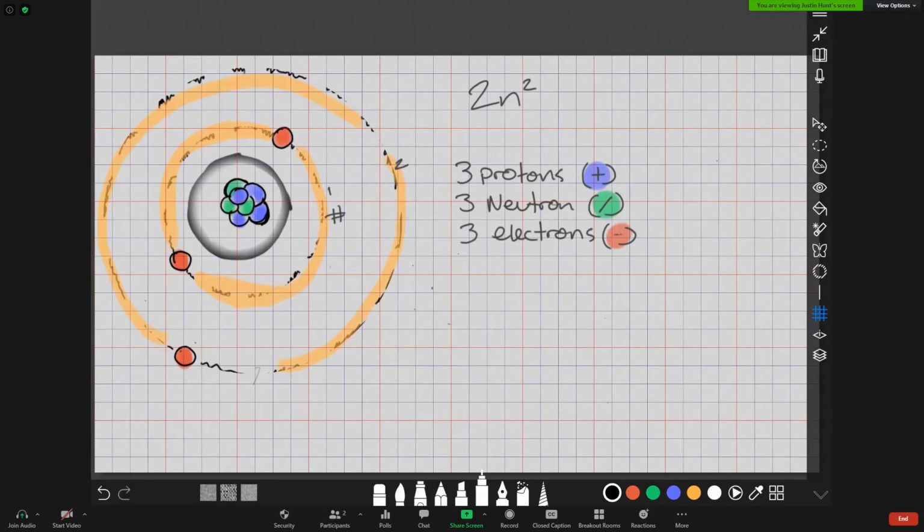Let's imagine there's another ring over here with electrons zipping around it, and that would be 2 times the third shell squared. 3 times 3 is 9, times 2 is 18. A maximum of 18 electrons zipping around this third shell. And that is the 2n squared rule.